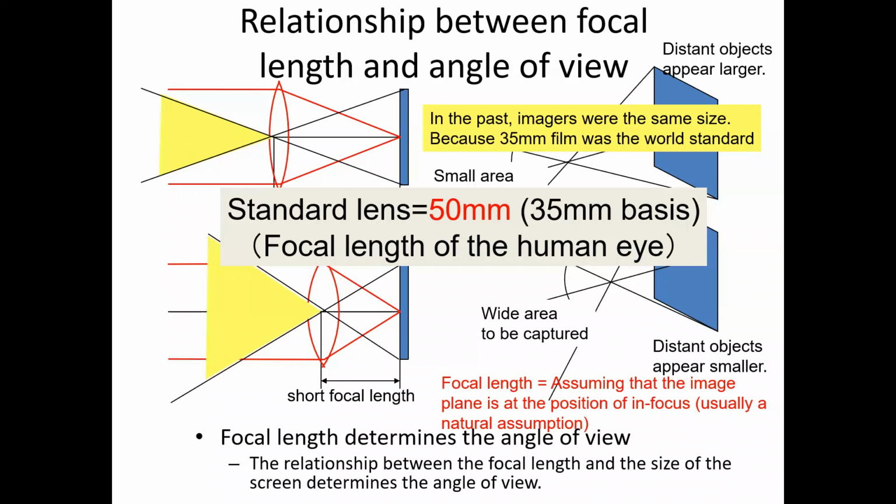And if you want to get a little bit closer, like if you go to a concert and want to capture the idol, then maybe you have to buy a 100 millimeter lens. Then you can capture a specific person. Okay. So please remember this one. Standard lens, 50 millimeter, same as human eye.